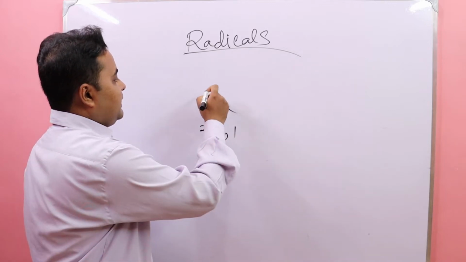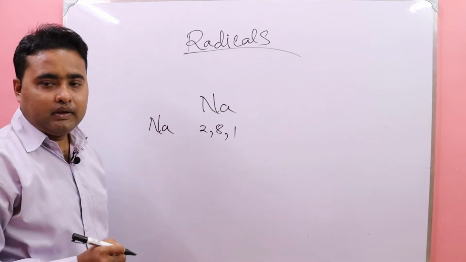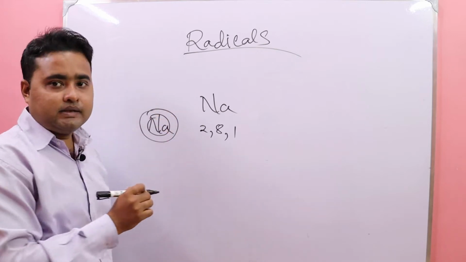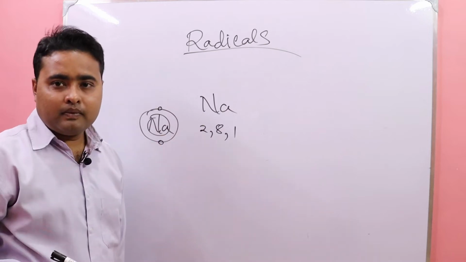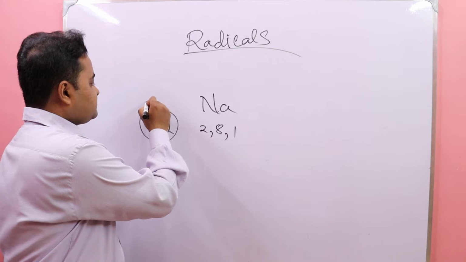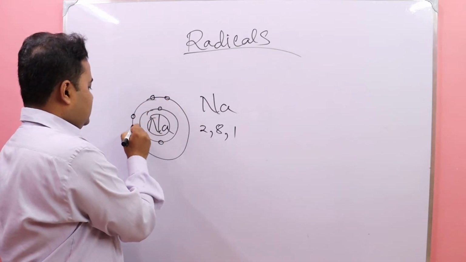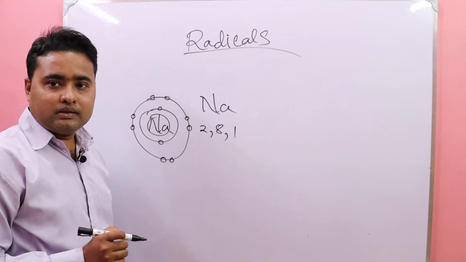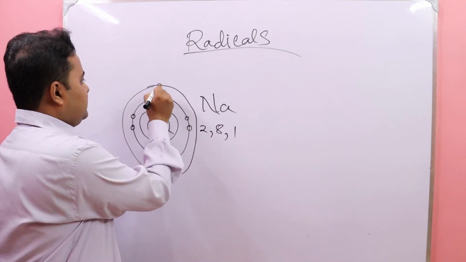That means if we draw the diagram of sodium, the first shell, that is the K shell, contains 2, the L shell contains 8, that is 2, 8, and the outermost shell contains only 1.